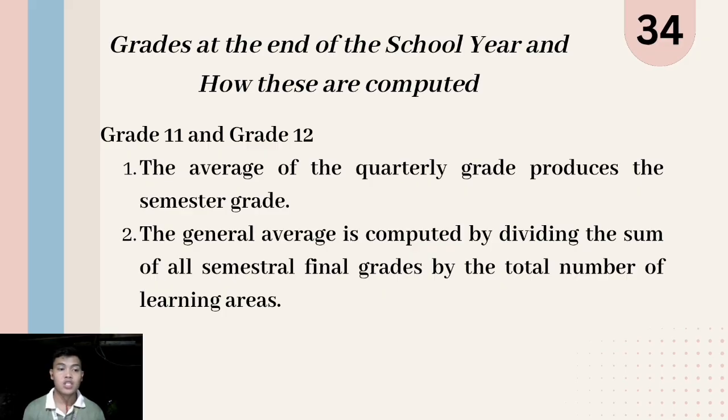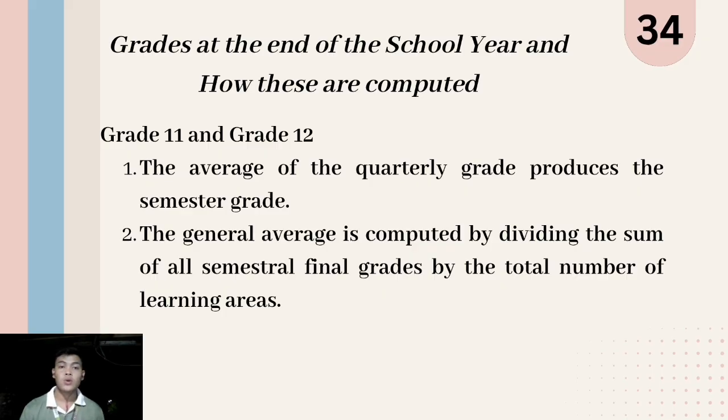This transmutation ensures that students' performance is reflected fairly while still maintaining academic standards. The numerical grades on the report card represent different levels of proficiency, indicating how well a student has mastered the specific competencies or skills outlined in each subject area.